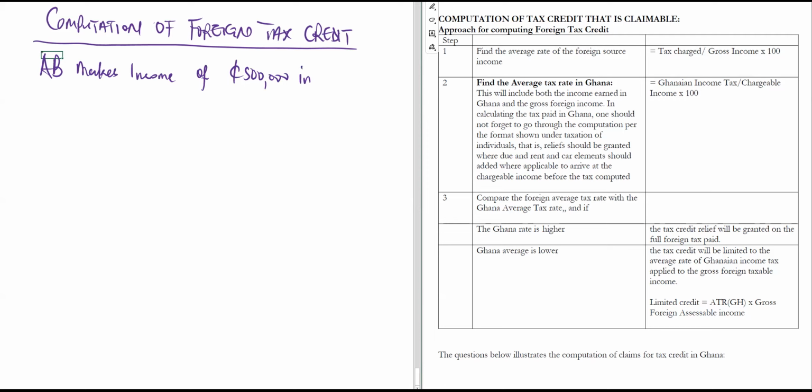Be writing, please, because I'll not give you time to write. In Ghana, in 2023 year of assessment. This is the income he makes in Ghana in 2023 year of assessment. Apart from that, he earns business income. Okay, AB earns business income.